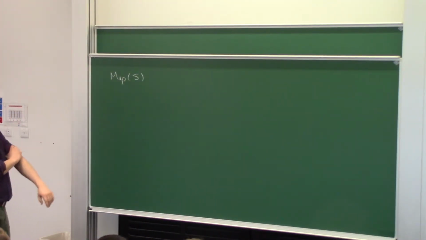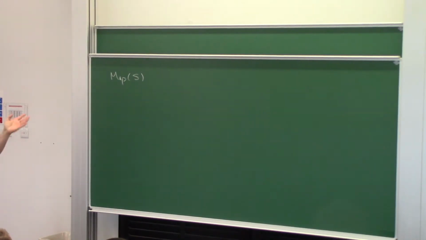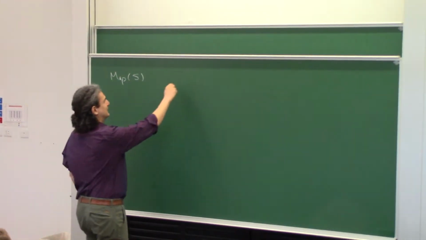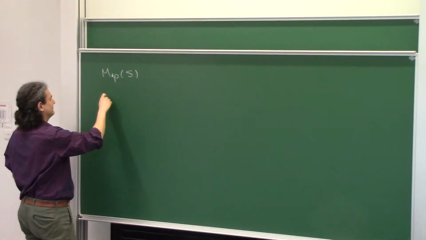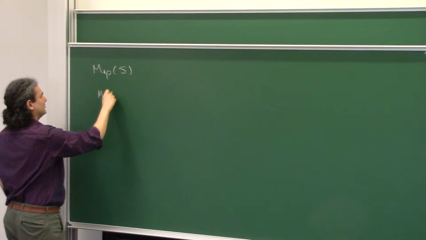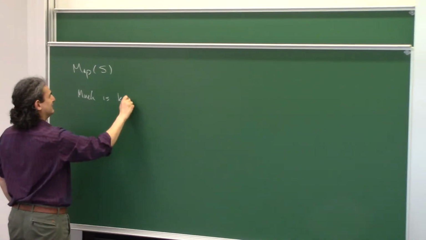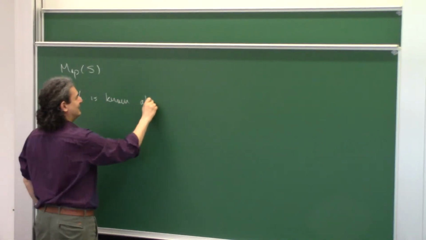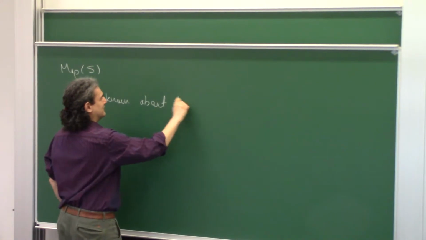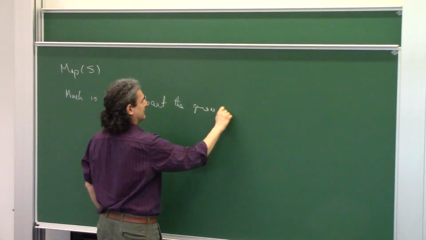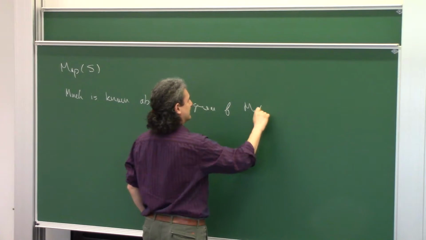So I would like to think about the geometry of the mapping class group. But there is a lot known about the geometry of the mapping class group, so maybe I'll just write it down. So much is known about the geometry of the mapping class group.